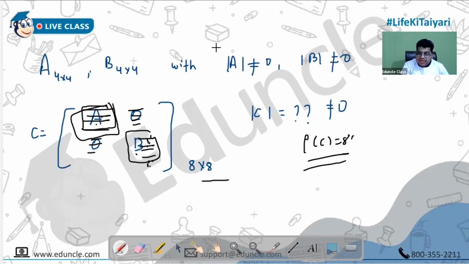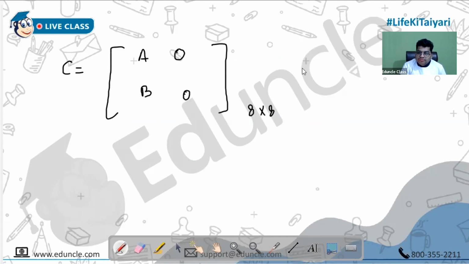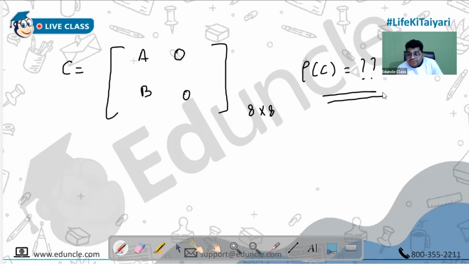If somebody is saying C is equal to A B, 0 0, so what is the rank of C?